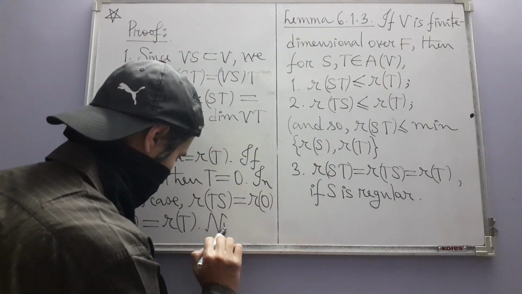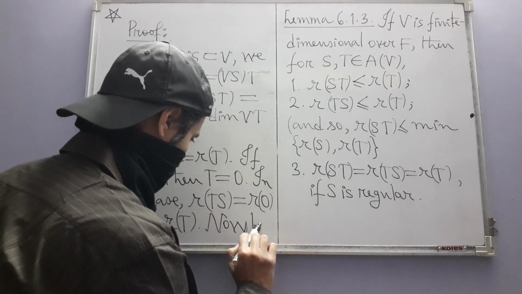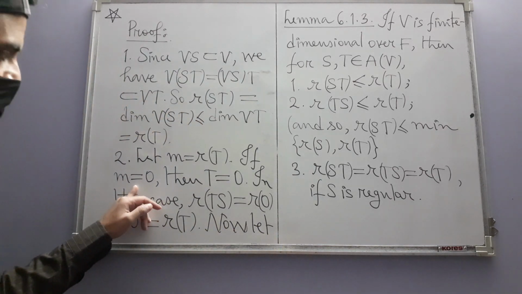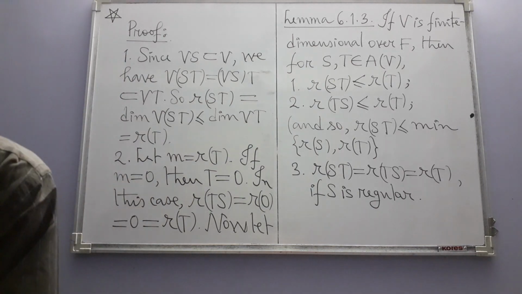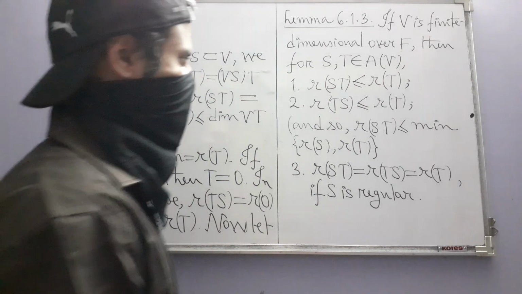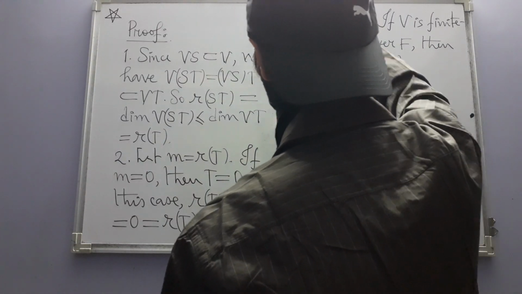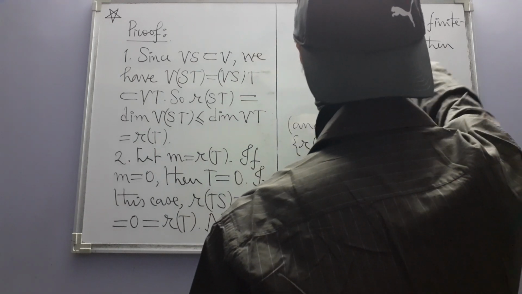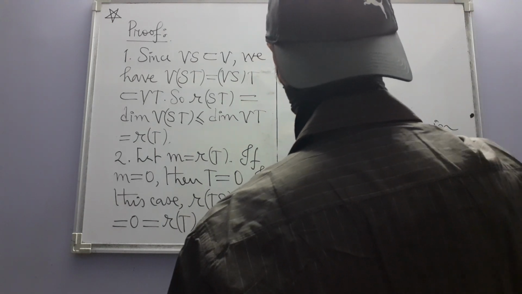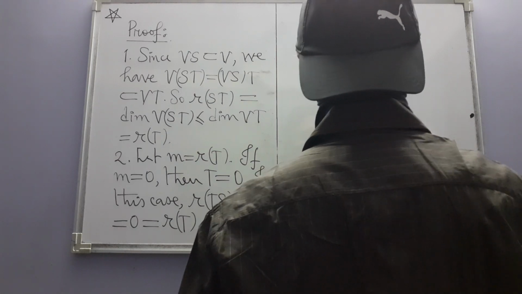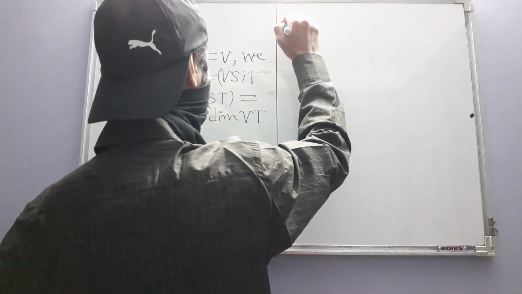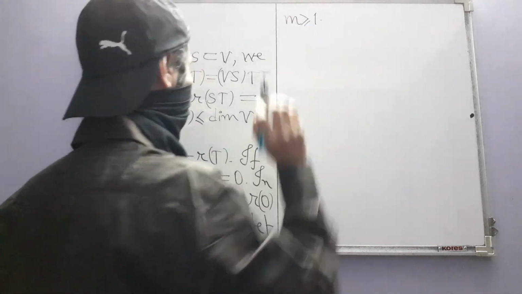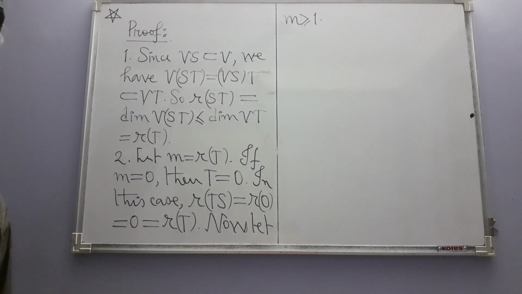So now we can consider the case M greater than or equal to 1, because M equal to 0 has been handled here. Okay, so now there is no confusion in considering a basis having M elements.